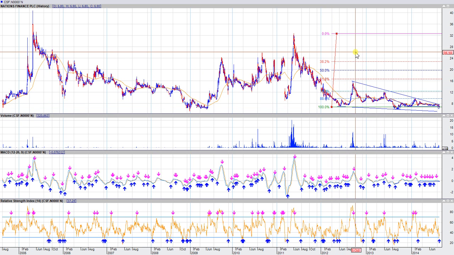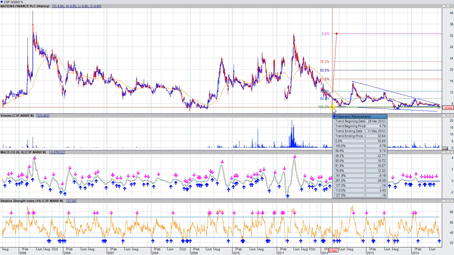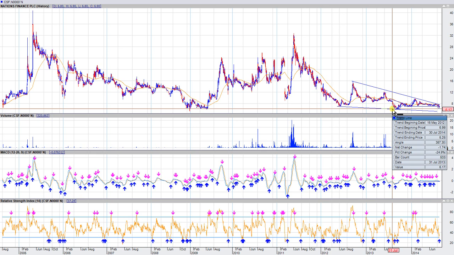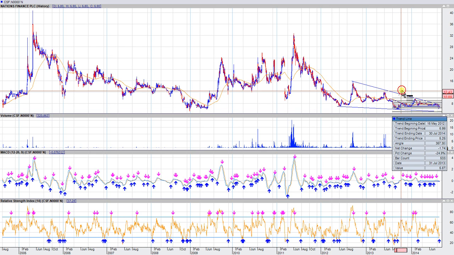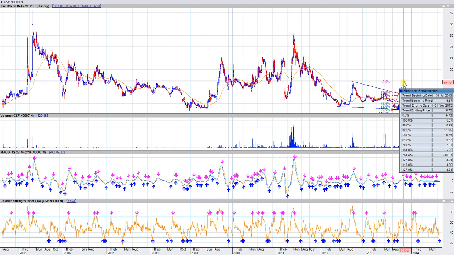Excellent. Now these are very, very important to remember, and let me do another Fibonacci retracement from the last low here, or the recent price action. 113 comes around 450 or 460.